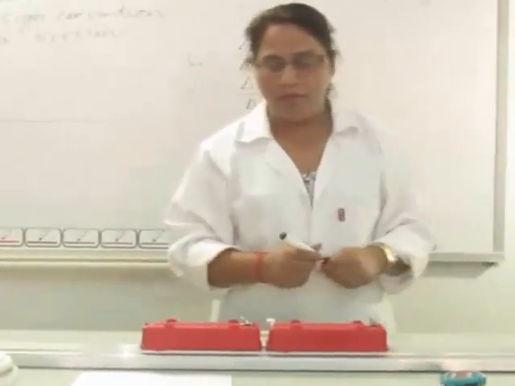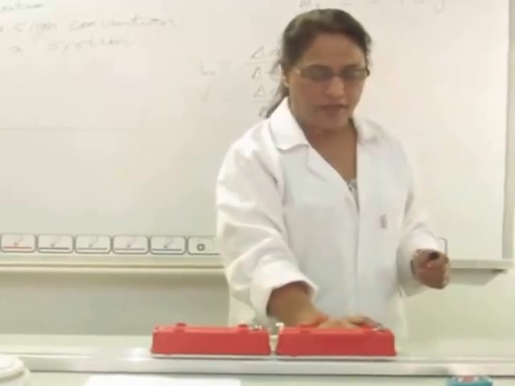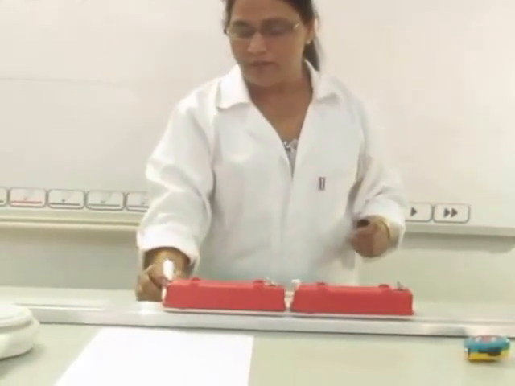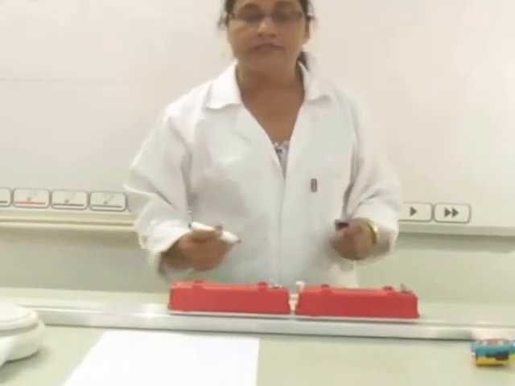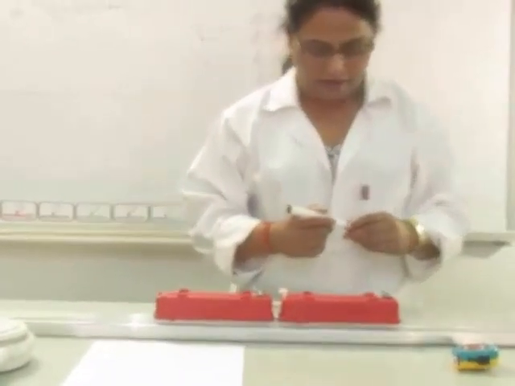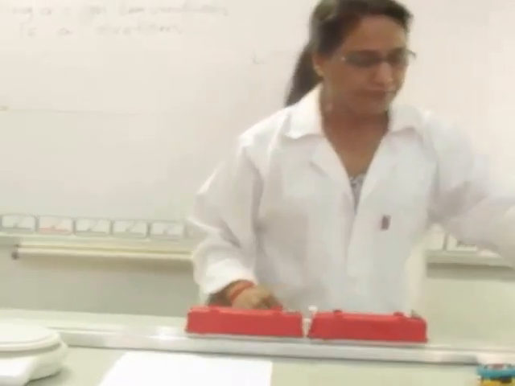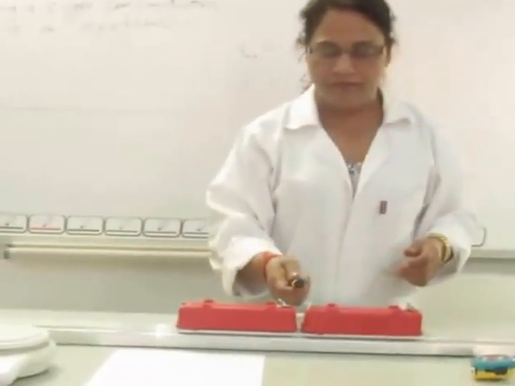Okay, we mark the points of trolley number 1 and trolley number 2 as the starting point, the point of 0 displacement, and then we simulate the explosion.